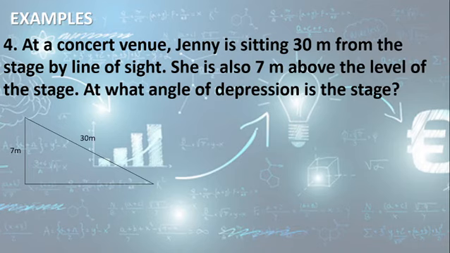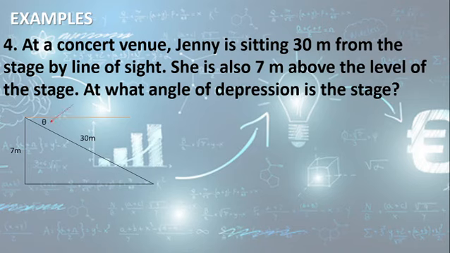So it says we should find the angle of depression. Obviously, you remember that Jenny would have been looking straight if she was looking along the horizontal, but she looked down, and therefore she created an angle of depression. Remember, we said that the angle of depression is always outside the right angle triangle. But once again, the angle of depression is the same as the angle of elevation.